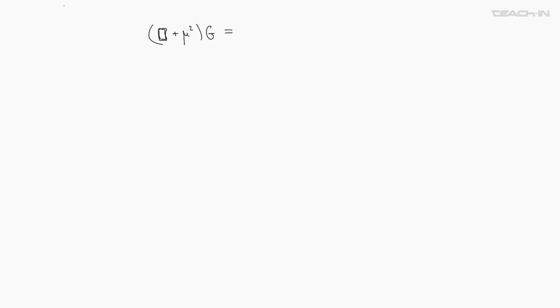But it's clear that if you find one particular solution of this equation, then you can always add to this solution a solution of the homogeneous equation. And this again will be a Green's function. A solution of the homogeneous equation means that box plus mu squared acting on G hom is equal to 0.